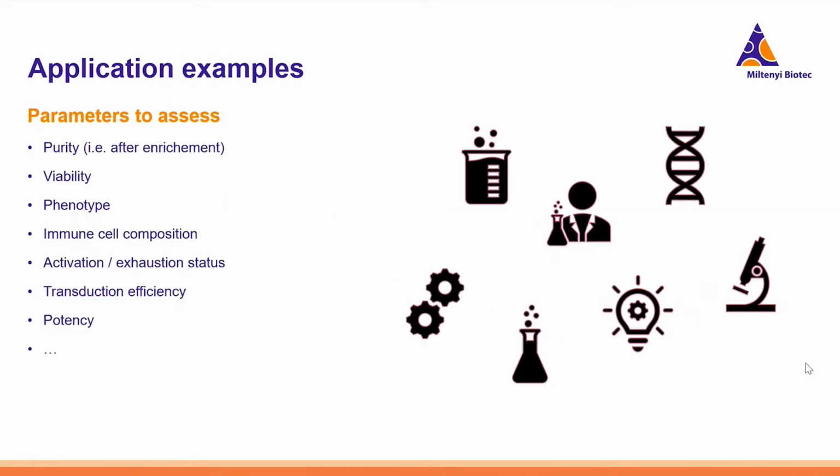These flow kits and assays, but also our tested panels, cover applications and parameters to assess such parameters as purity, for example, after enrichment, viability, the phenotype, of course, the immune cell composition of your sample, the activation and exhaustion status of your T cells, the transduction efficiency, the potency of, for example, your killing CAR T cells, and many, many more.